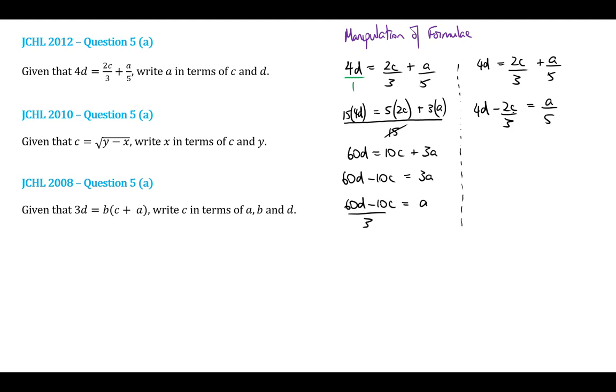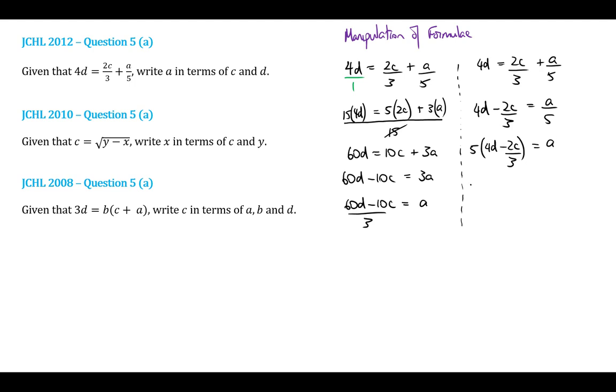And now if I multiply the left hand side by 5 and the right hand side by 5, it will get rid of the 5 from the bottom of the right hand side. So 5 times 4D minus 2C over 3 equals 5 times A over 5, which is just A. And we have written A in terms of D and C.